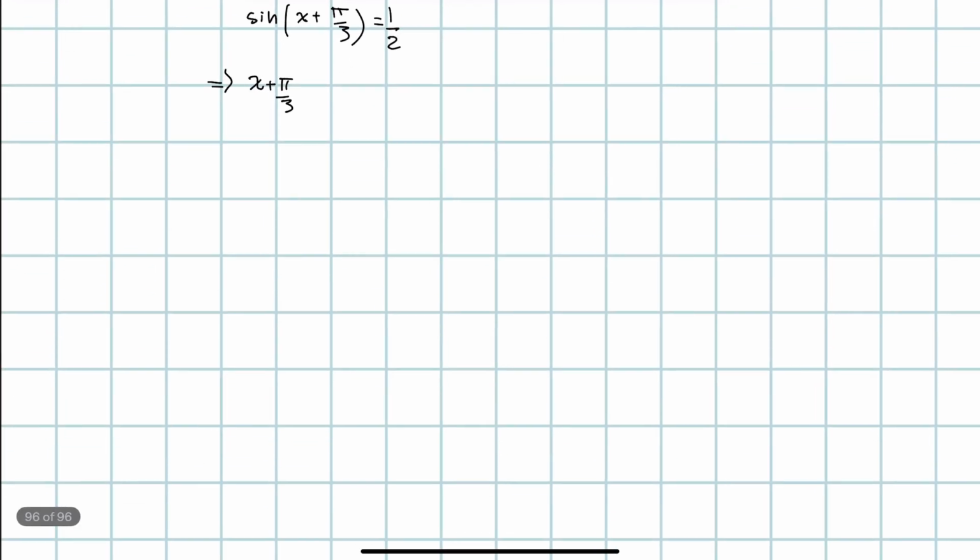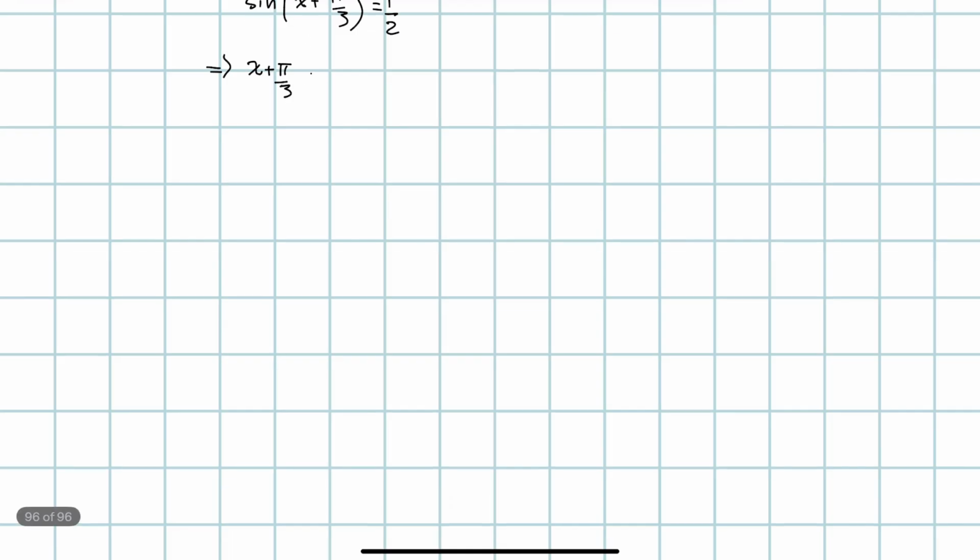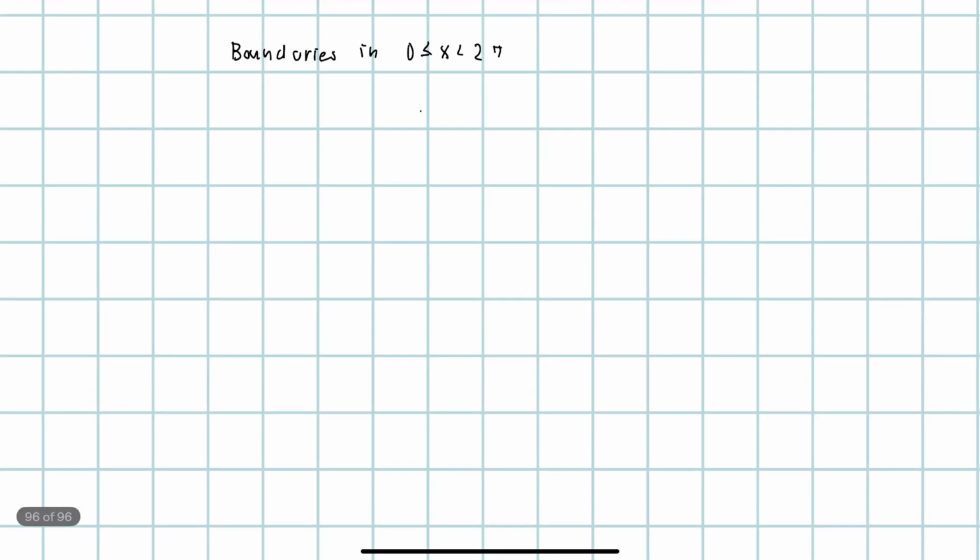And then this will give, for solutions, x plus pi over 3 equals pi over 6 and 5 pi over 6 mod 2 pi. Now we can set our boundaries: 0 is less than or equal to x is less than 2 pi. Within this interval, we get that x is equal to 0, pi over 2, and 11 pi over 6.